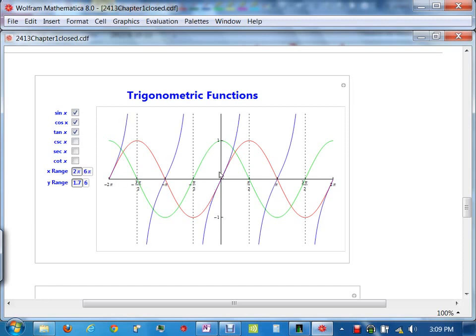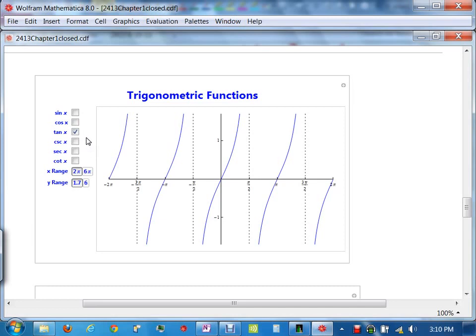There's tangent, the blue. Let me take sine and cosine out of here. Hey, what is tangent in terms of sine and cosine? Sine over cosine, right? So if tangent is sine over cosine, then every time cosine is 0, shouldn't you have division by 0 for tangent?